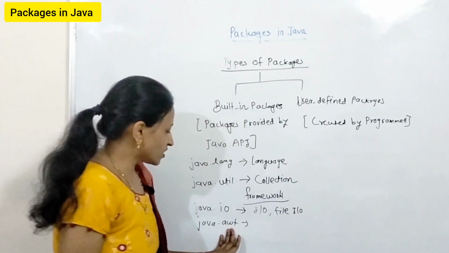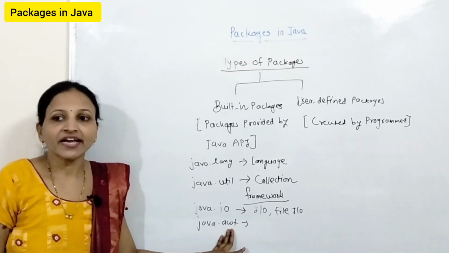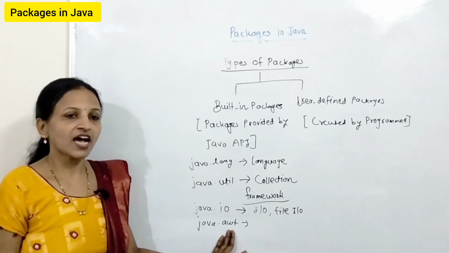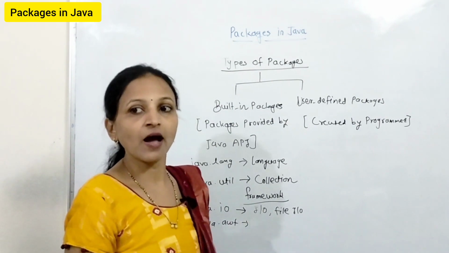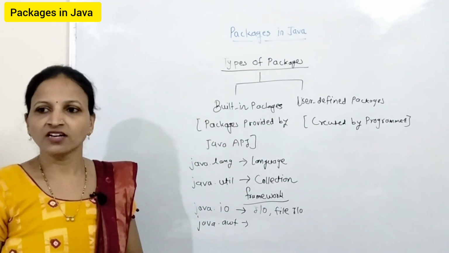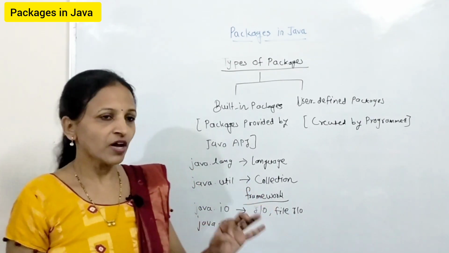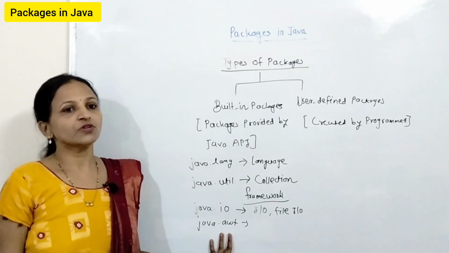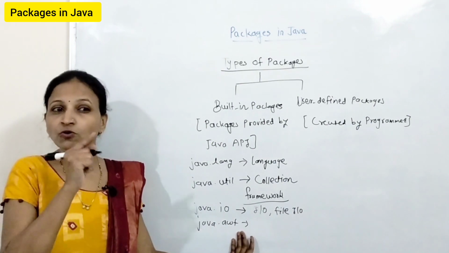Now see what the purpose of this package is. This package internally has the classes required for a graphical user interface. If you want to create any GUI, graphical user interface, then you have to use this AWT package. AWT means Abstract Window Toolkit.